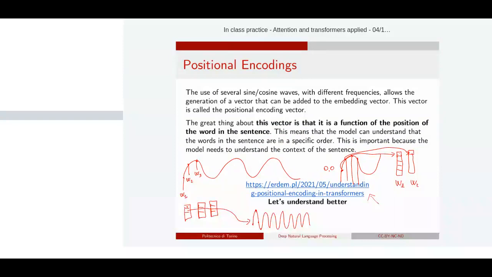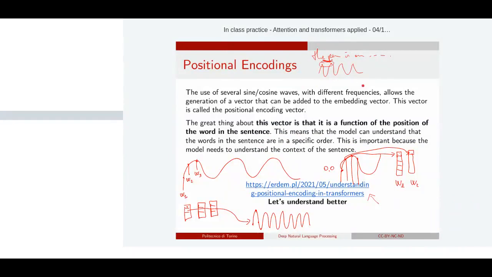Yes, in the sentence, if I have "the pen is on", and so on and so forth. Local information is that if I have a high frequency wave, I will have the same or similar values for words that are near.